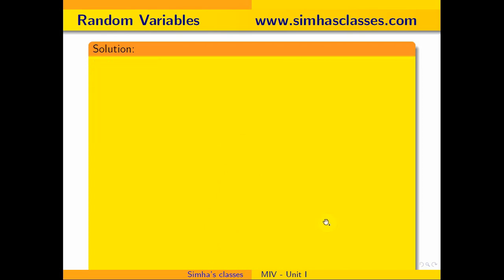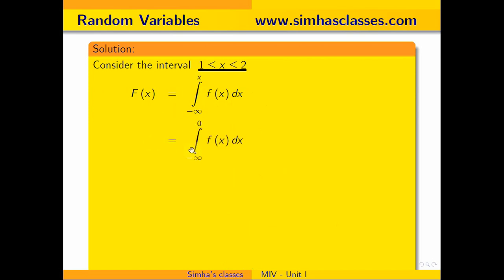Next, consider the interval 1 less than x less than or equal to 2. I'm going to integrate up to x in this interval, using the same formula, minus infinity to x of f of x dx. So it is the integral from minus infinity to 0, plus 0 to 1 of f of x dx. Since my interval is 1 to 2, I also integrate 1 to x of f of x dx.